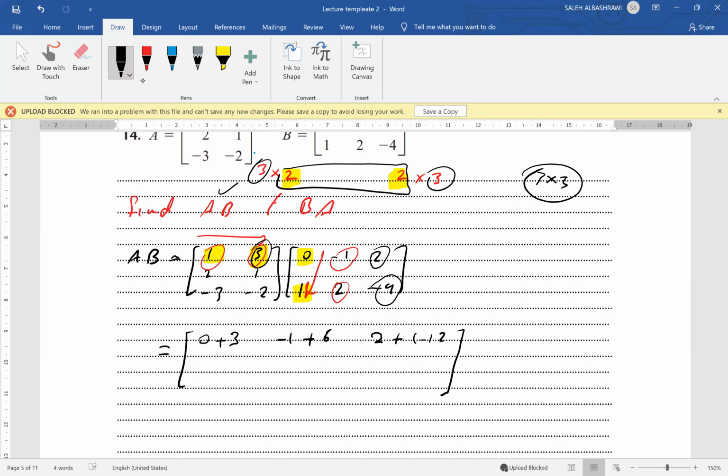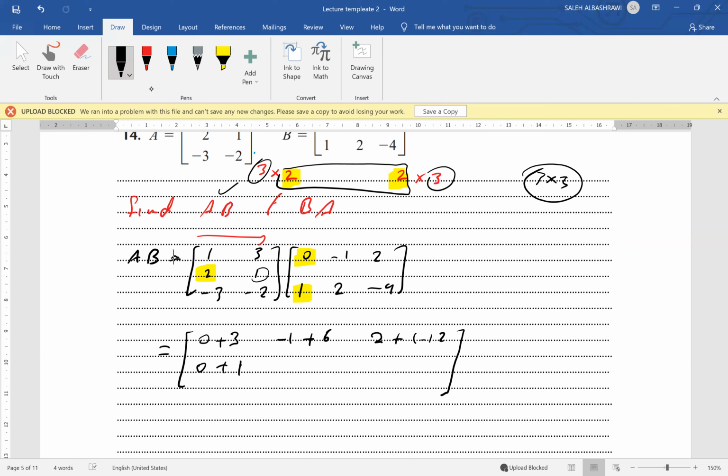Now let's apply the same thing for the second row. For the second row, I have 2 multiplied by 0 is equal to 0, plus 1 times 1 is equal to 1. So it is 0 plus 1.